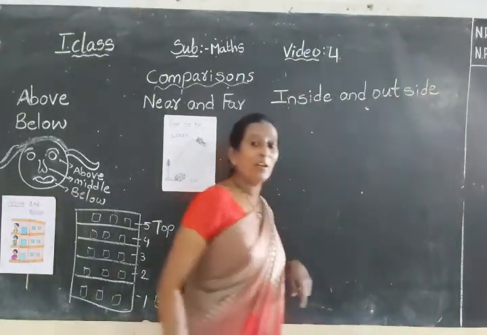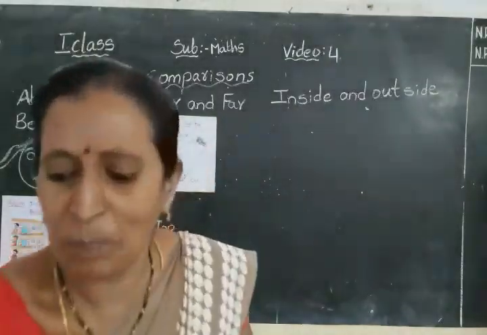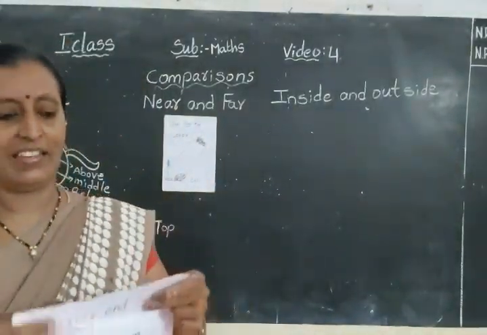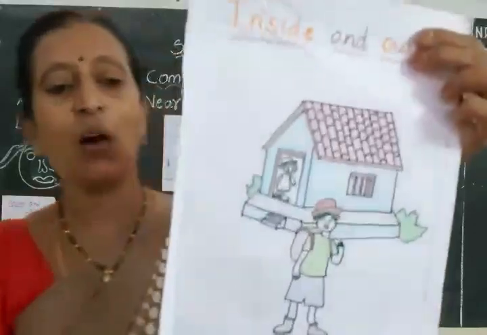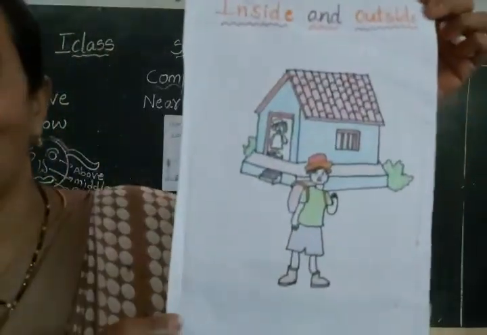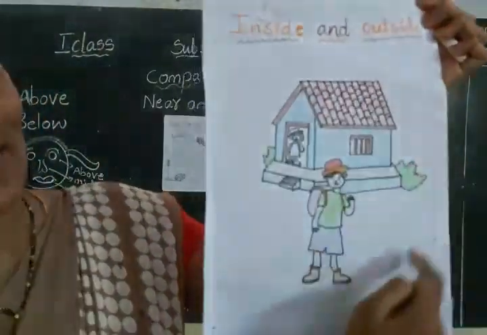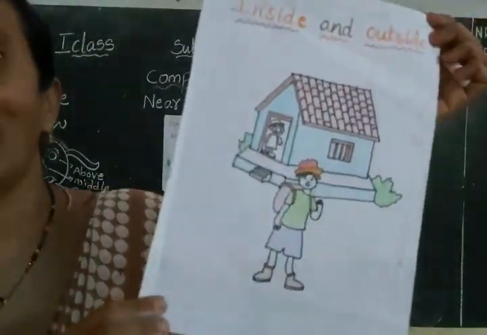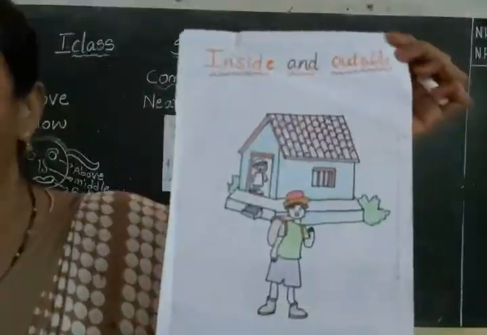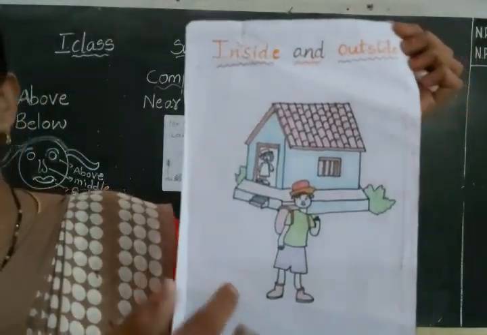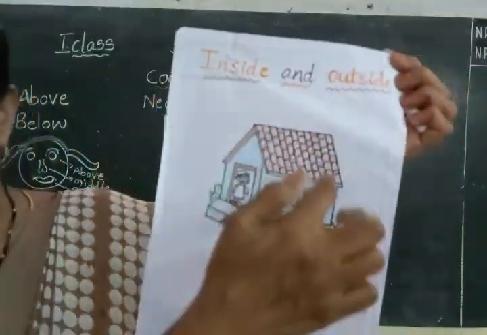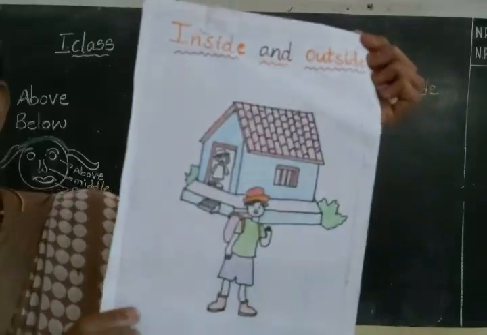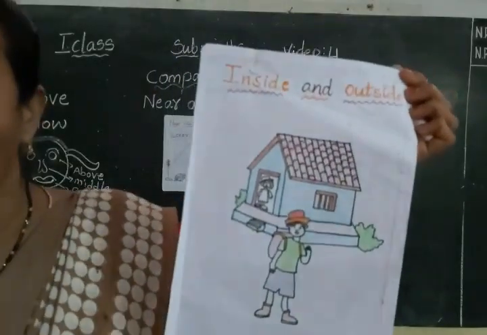This one you can easily see in the picture. Inside and outside. What is the picture here? Here one house is there. There the two children are standing. Where are the two children standing? One child is inside the house, and one child is outside the house.